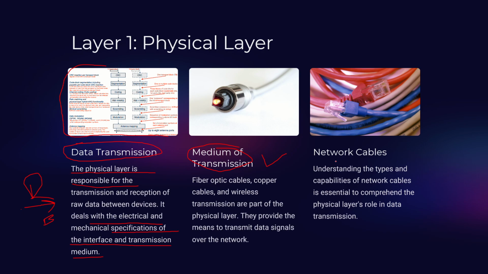Then network cables: understanding the types and capabilities of network cables is essential to comprehend the physical layer's role in data transmission. So this is how it comes under the physical layer of communication, or we can even say the medium of transmission.